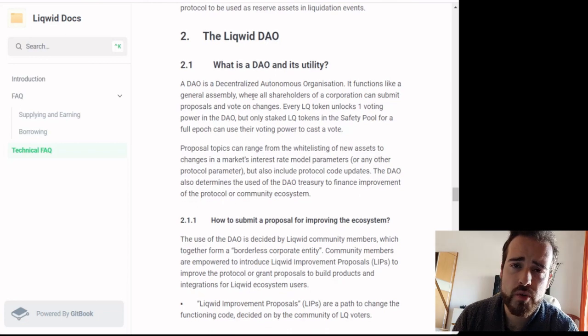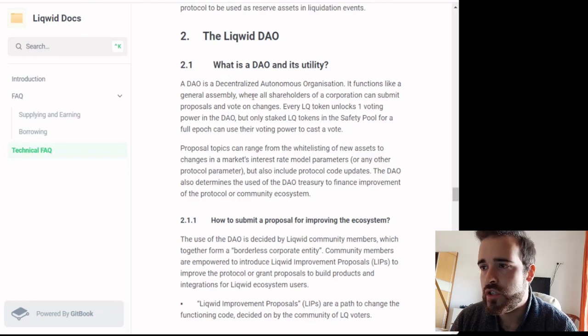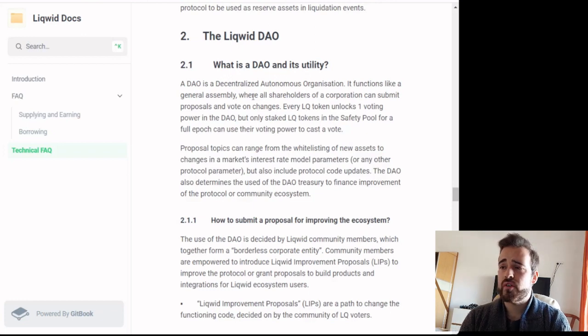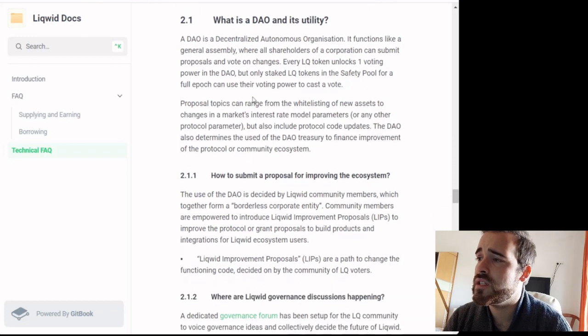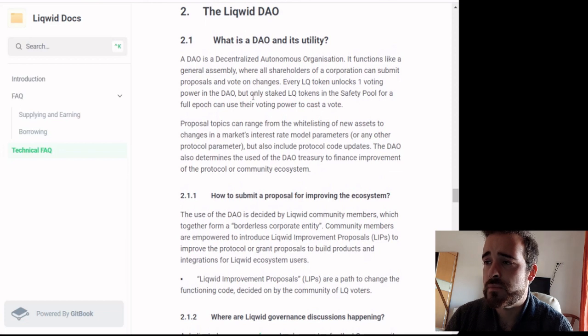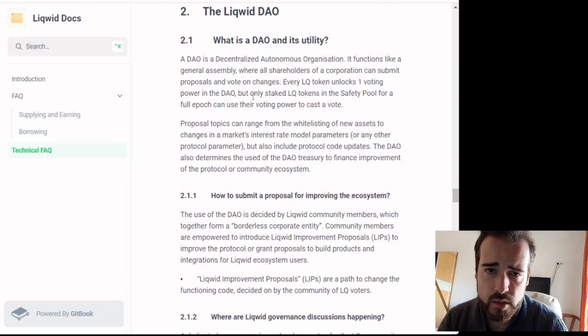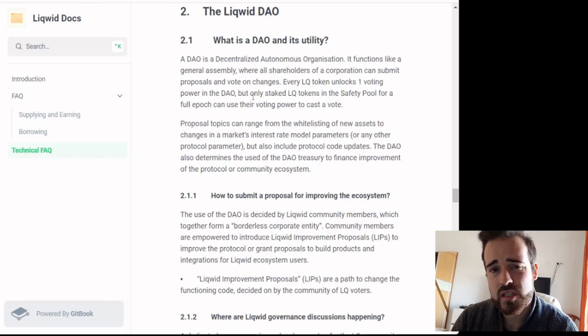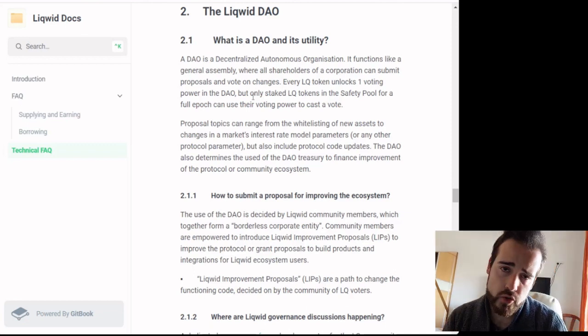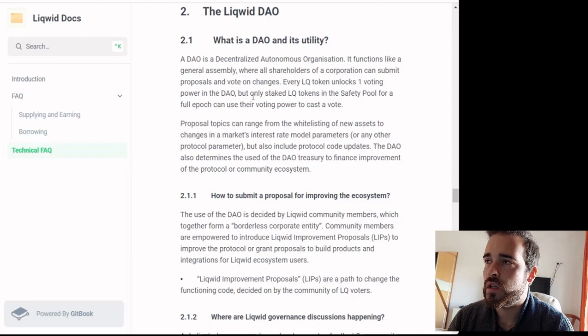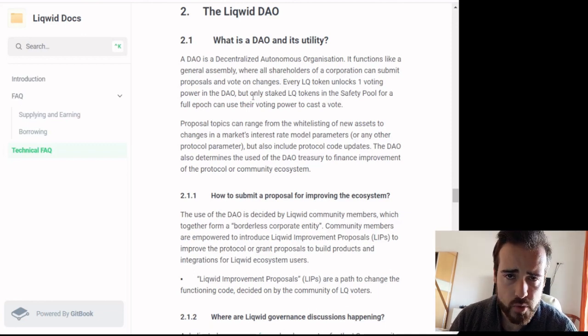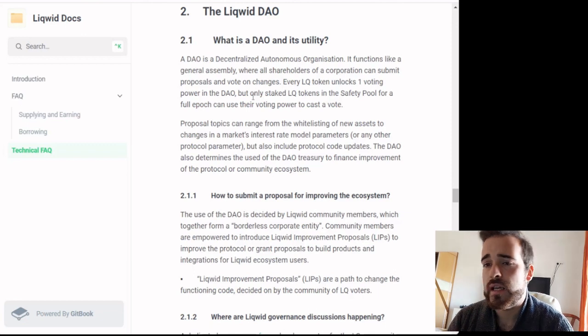One important thing is to actually use these LQ tokens. You need to stake your Liqwid within the protocol, and this is also very important in terms of security, because it gives you access to a safety pool. You stake the tokens in a safety pool that, in case of any unexpected liquidations, can be used as a short-term reserve to make sure that all the lenders get the value they deposited and can withdraw it.